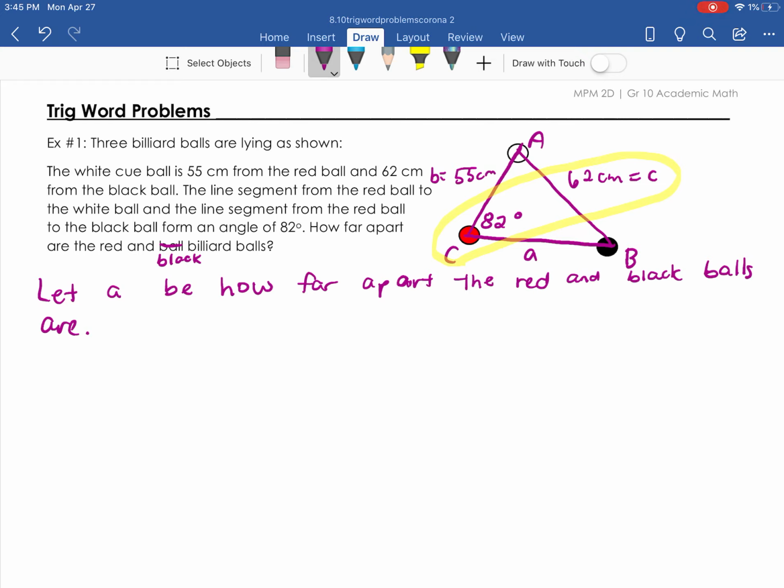Okay, so we can't solve for side A directly yet because we have to do a little bit more work first. We need angle A, and so that means that we need angle B. So right now, I'm going to pick a different highlight color.